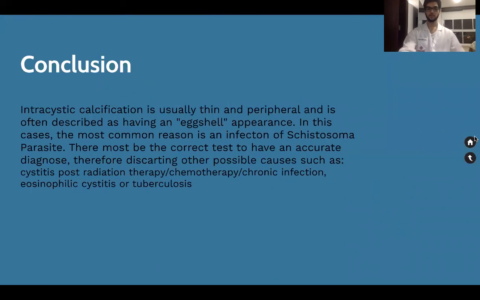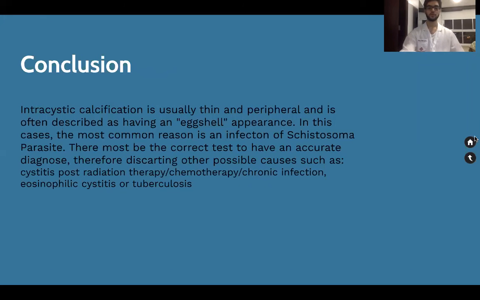In conclusion, we know that intracystic calcification is usually thin and peripheral, and it is often described as having an eggshell appearance. In these cases, the most common reason is an infection by the schistosoma parasite.